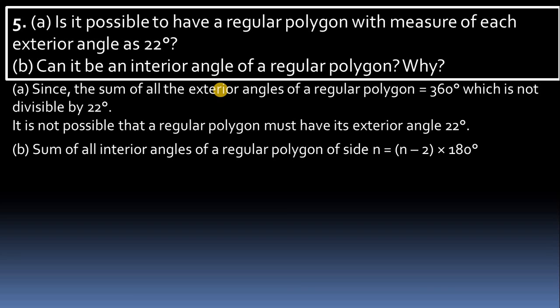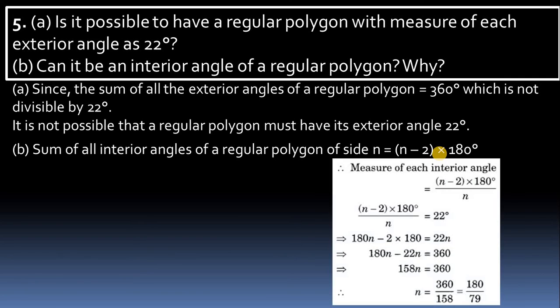Then the sum of interior angles of a regular polygon. The second case is, can it be possible for the interior angle? For that, as you know, the sum formula is like that. So how will we calculate? We divide this by the number of sides, which we assume is n. The measurement of each interior angle is 22 according to the question.